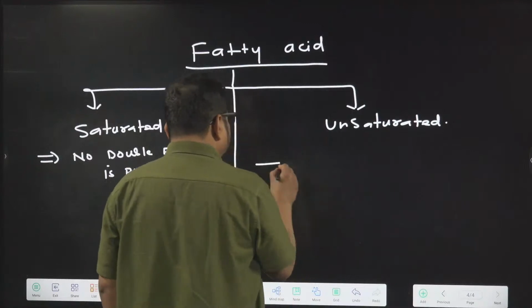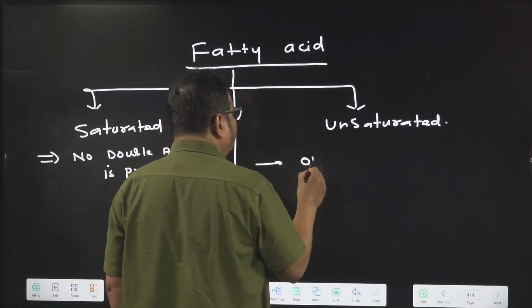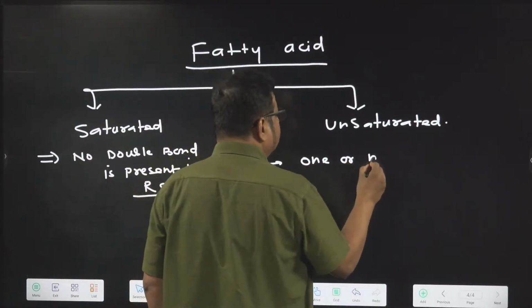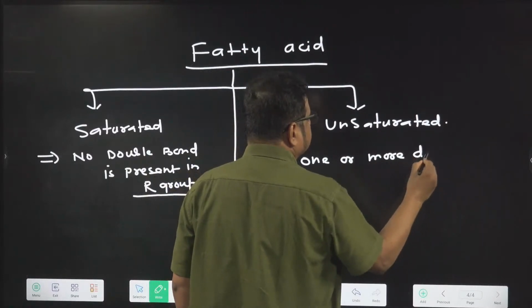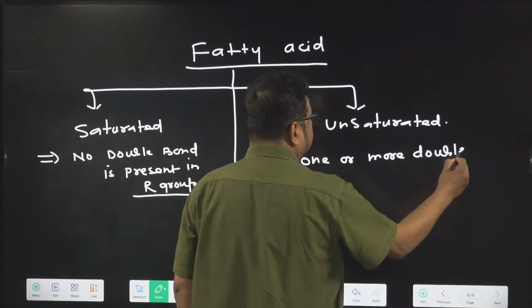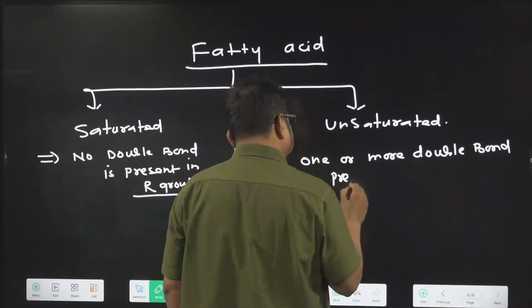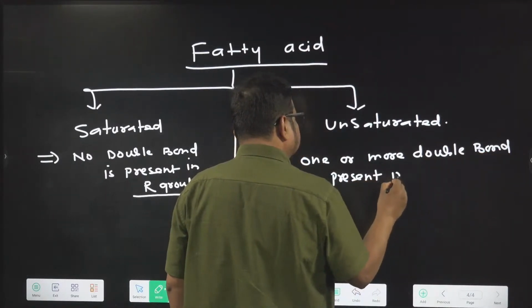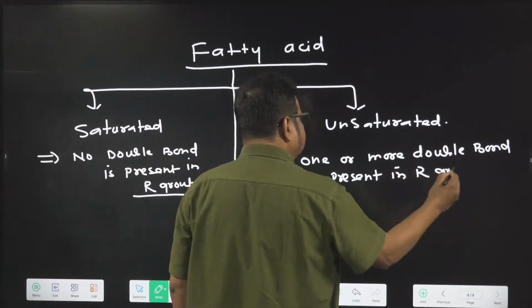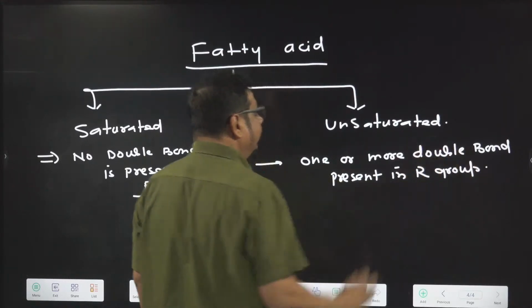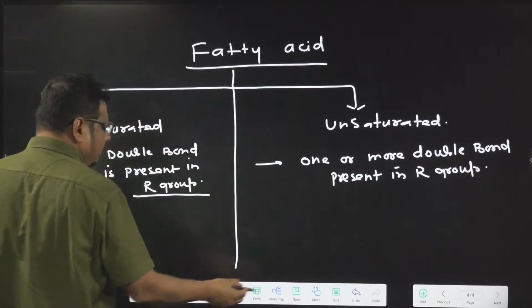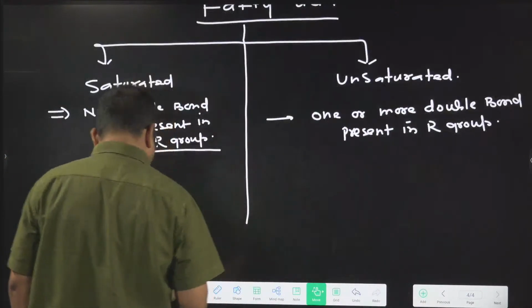In unsaturated fatty acid, what happened? One or more double bond is present in R group of the fatty acid. Got the idea? First difference is this between saturated and unsaturated fatty acid.